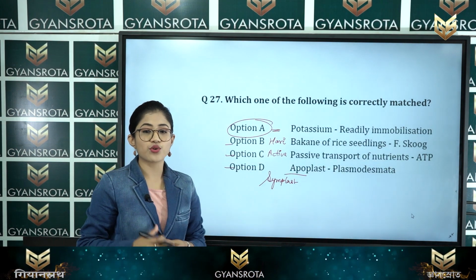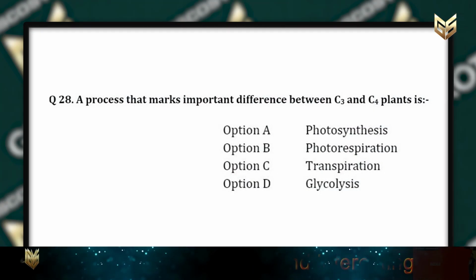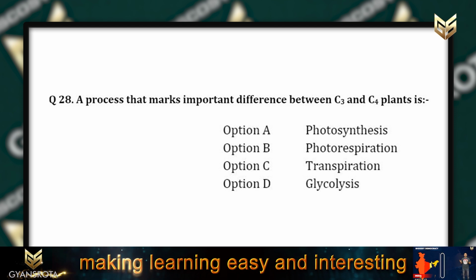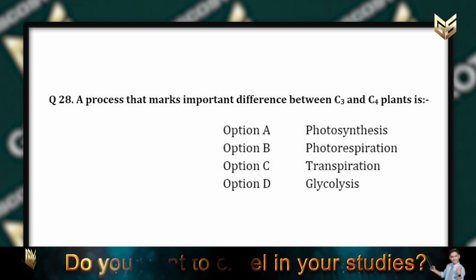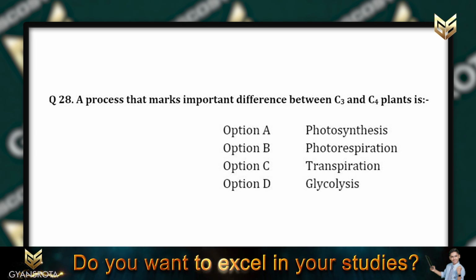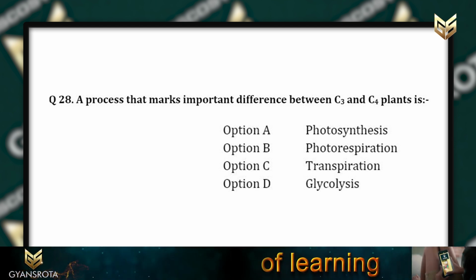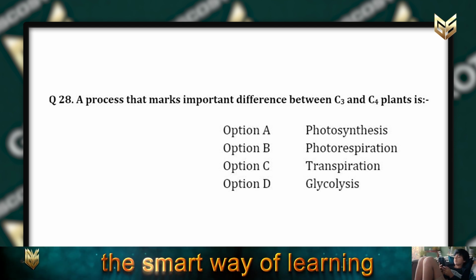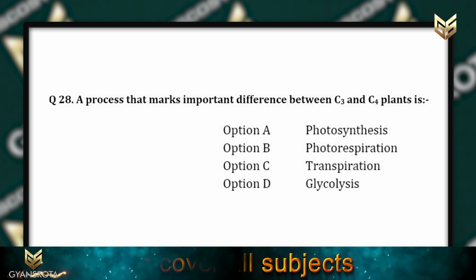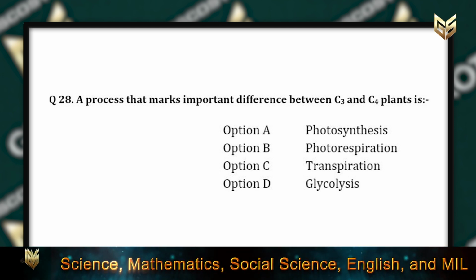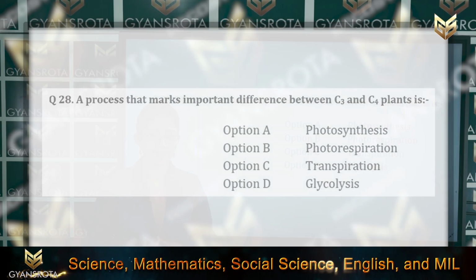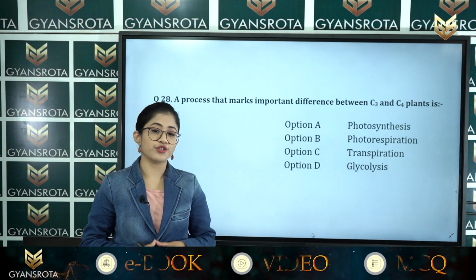Now, let us see the next question, that is question number 28. In question number 28, you can see a process that marks important difference between C3 and C4 plant is option number A, photosynthesis, option number B, photorespiration, option number C, transpiration and option number D, glycolysis. Student, this is a very easy question.